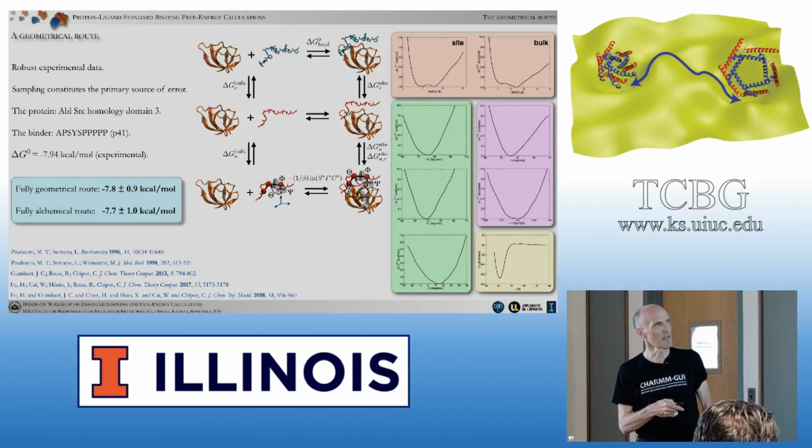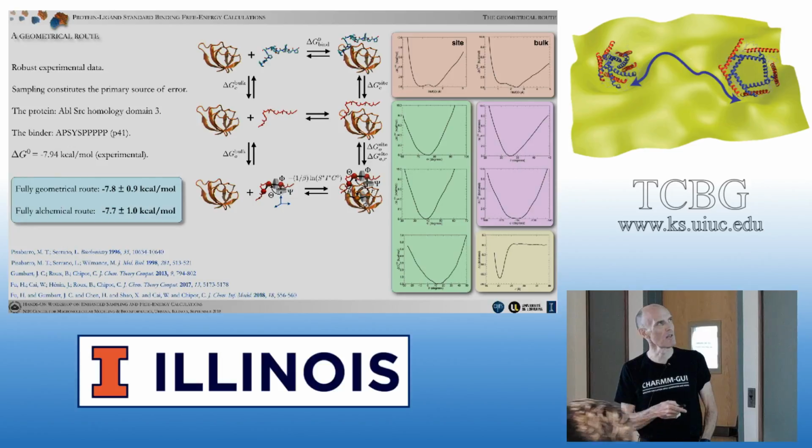Those are the difficult ones, the bound state RMSD, unbound state RMSD, and of course the separation PMF, which you see here. The others are very easy to get, a matter of a few nanoseconds, let's say 5 nanoseconds.